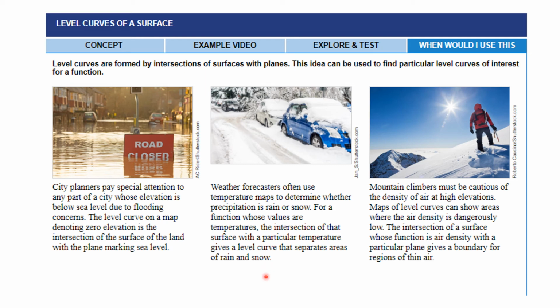The colder temperatures will give you snow. And mountain climbers must be conscious of the density of air at high elevations. So maps of level curves can show areas where the air density is dangerously low. And the intersection of a surface whose function is air density will tell you where there are regions of thin air.